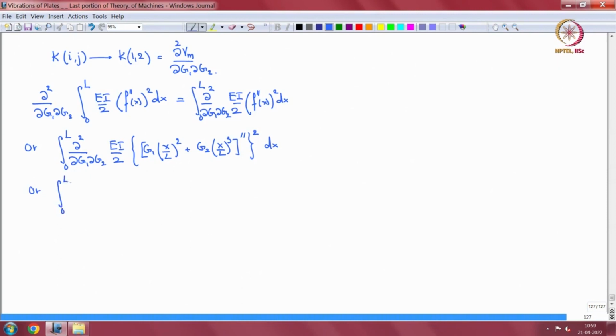Integral 0 to L del 2 by del G1 del G2 of EI by 2 into G1 times 2x by L square plus G2 times 2... no x here, it's a double dash, so 2.